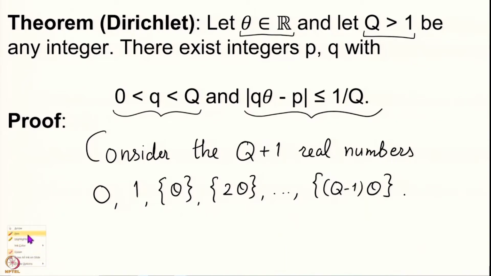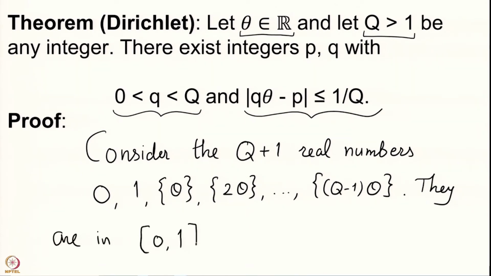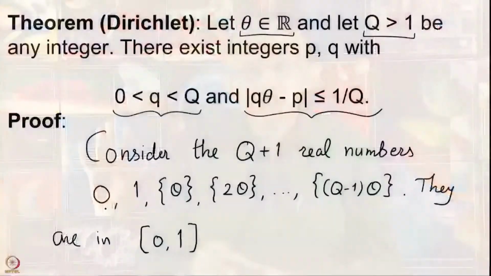Moreover, these numbers are in the set closed interval 0, 1, because we have observed that the fractional part of any real number is between 0 and 1. It is never equal to 1, but it can be equal to 0. So, it is in closed 0, open 1, and here we have also taken 0 and 1.